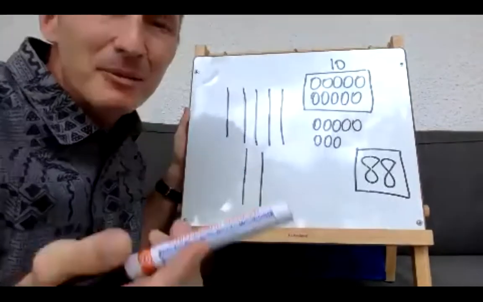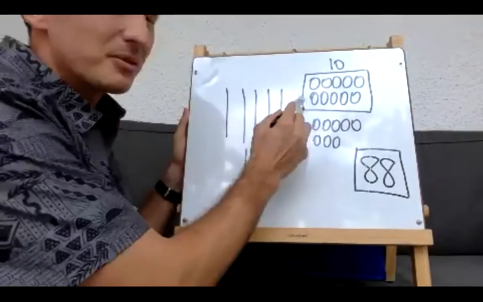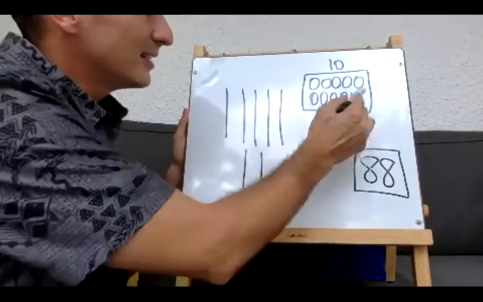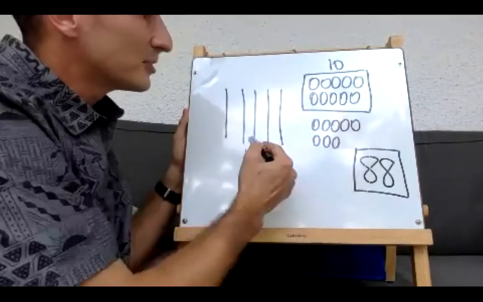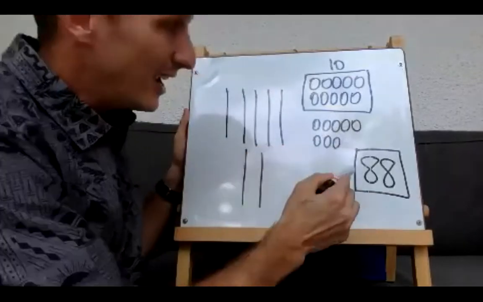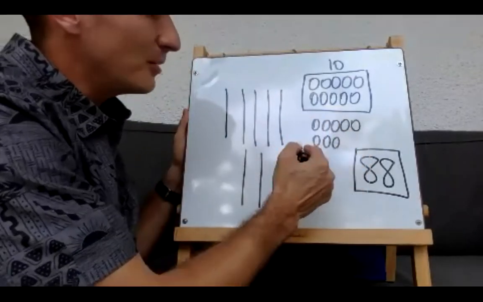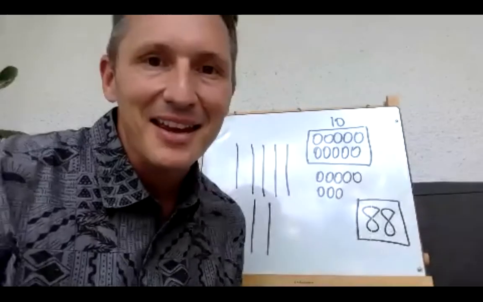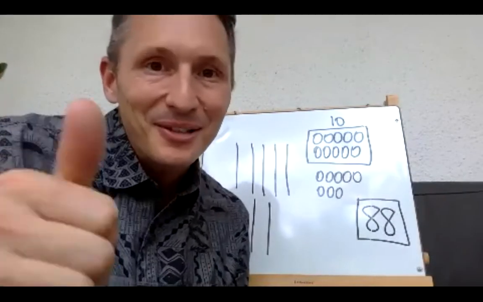Then I made my 18 ones, showing 10 and 8. I made that 10 into another ten. So altogether I had 8 tens and 8 ones left over. My answer to the riddle is 88. Hope you got 88 too.